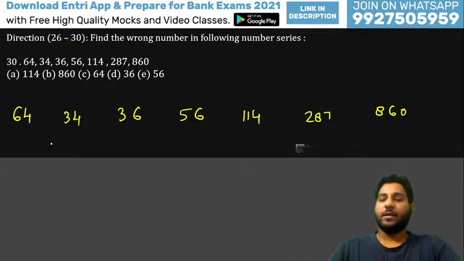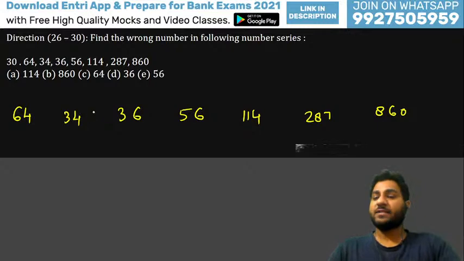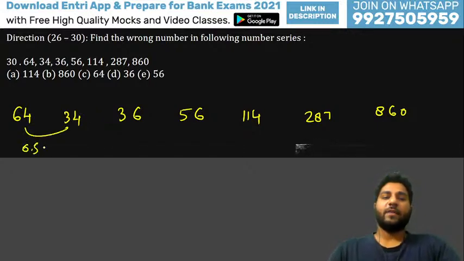Okay, clearly look at this. You're not going to get the concept of this kind of question, because in one way a number is decreasing and on the other way the number is increasing, but slightly increasing. It's not drastically increasing. So something must have been happening, like 0.5 into 0.5.